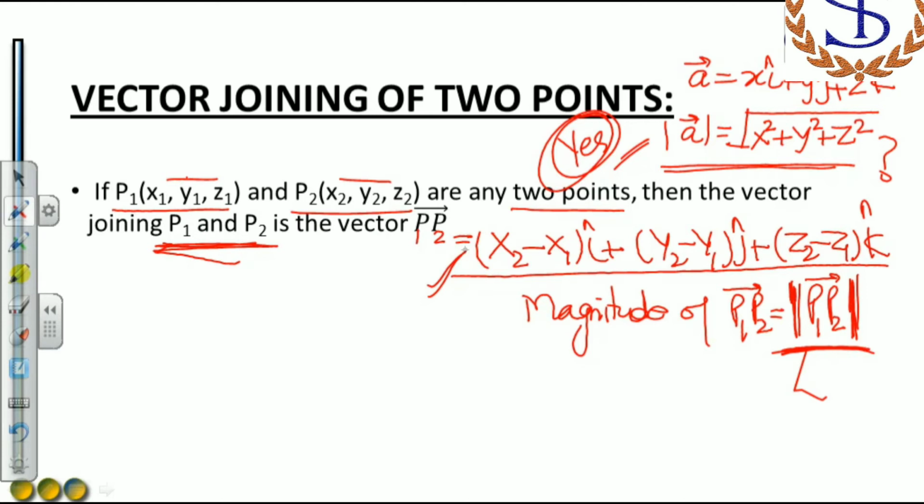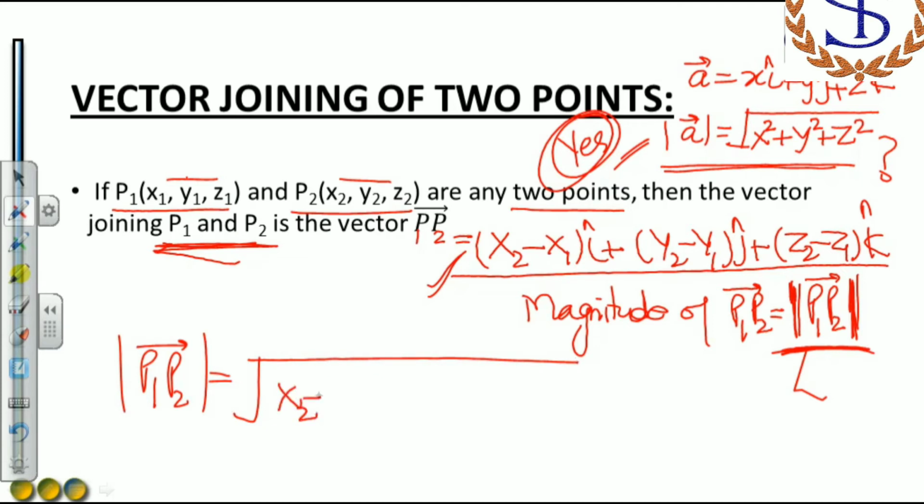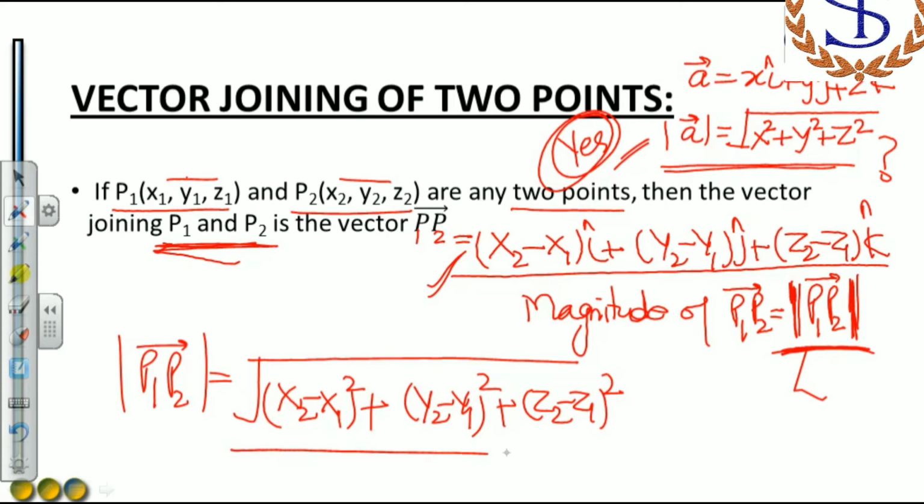Magnitude is written like this, and it equals the square root of (x2 minus x1) square plus (y2 minus y1) square plus (z2 minus z1) square. This is the way to find the magnitude of a vector joining the 2 points.